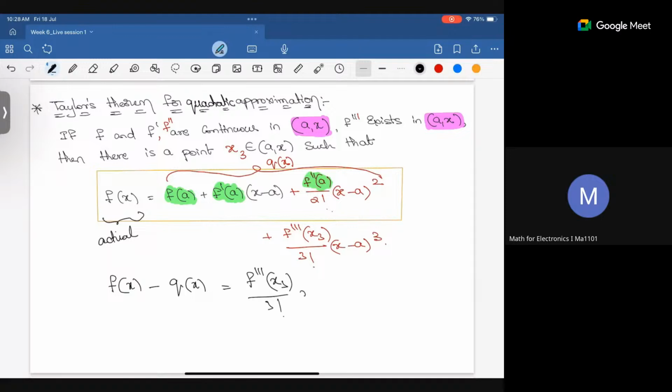In that way, this is called the error, f of x minus q of x, which will be the last term. But sir, here the error will be a range because x3 belongs to the interval a comma x.